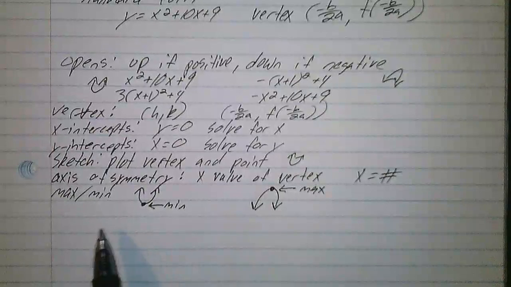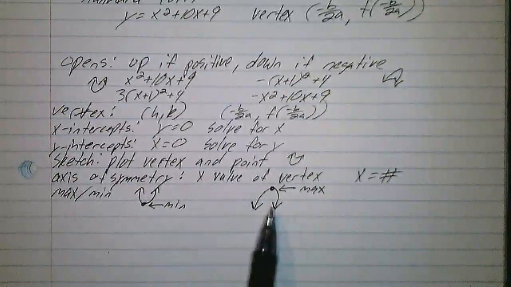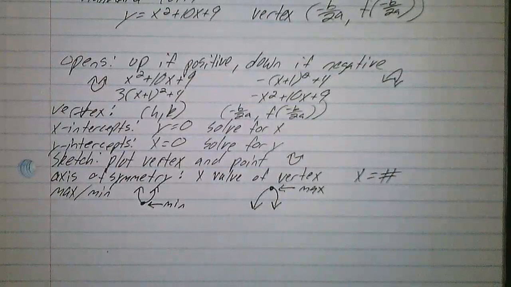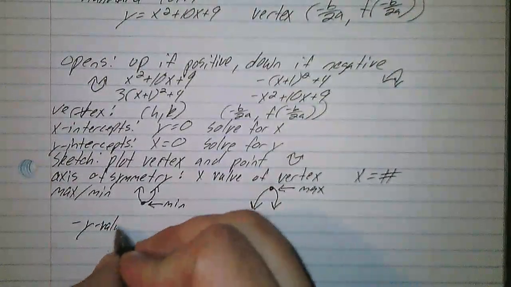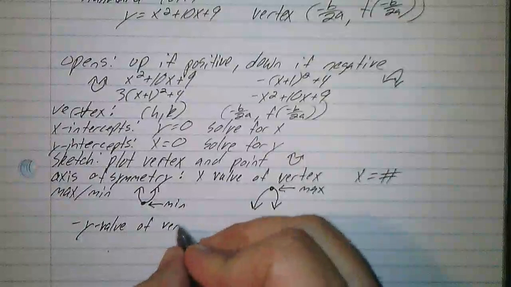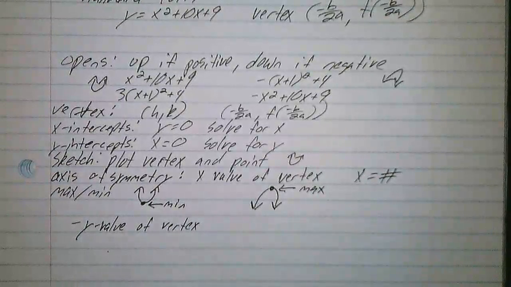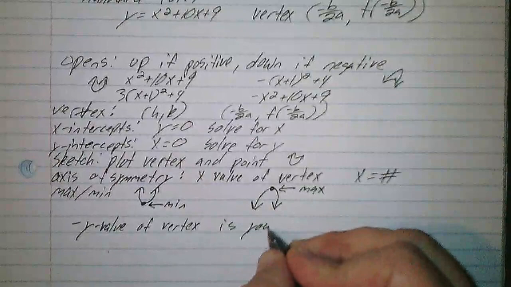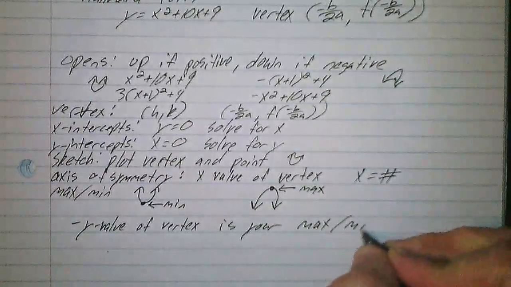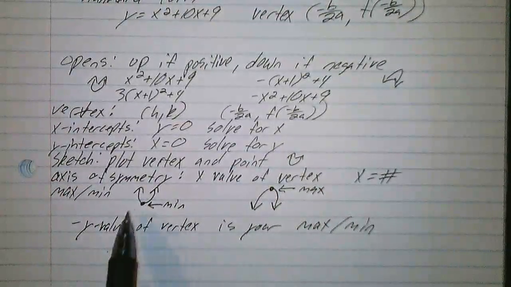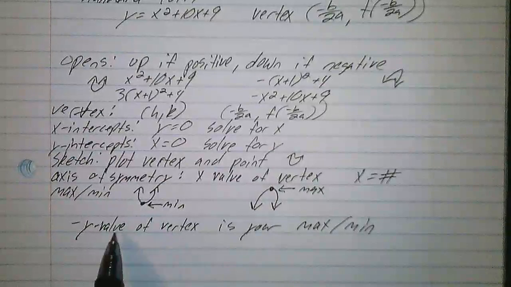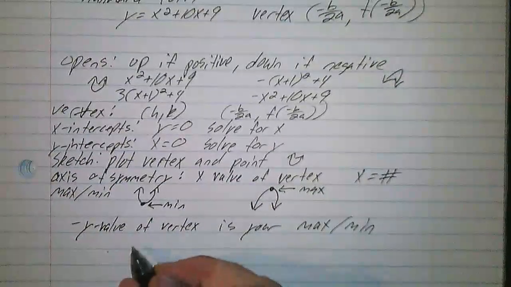The way it asks you is first you say whether it's a minimum or maximum, and then it asks you for basically the y value of the vertex, which is your max or min. And you'll see when you get to those homework questions. I wanted to write right underneath that, but oh well.